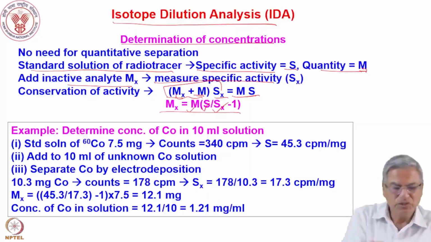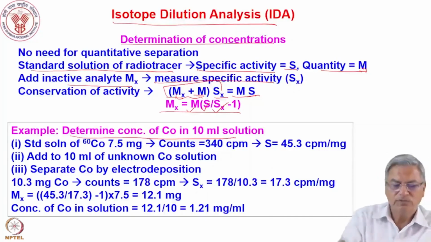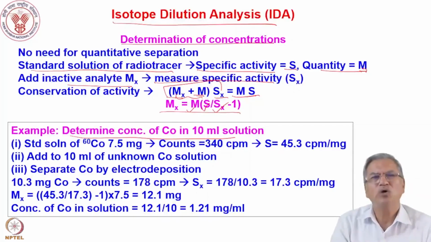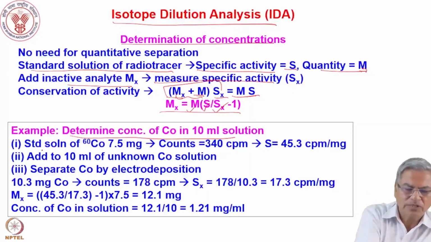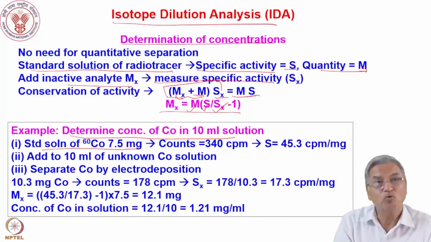Just to give you an example to illustrate this point more clearly, suppose you have a solution of cobalt in 10 ml solution. You want to know the amount of cobalt in this solution. So just give some numbers. You have a standard solution of cobalt-60, with 7.5 milligram cobalt.